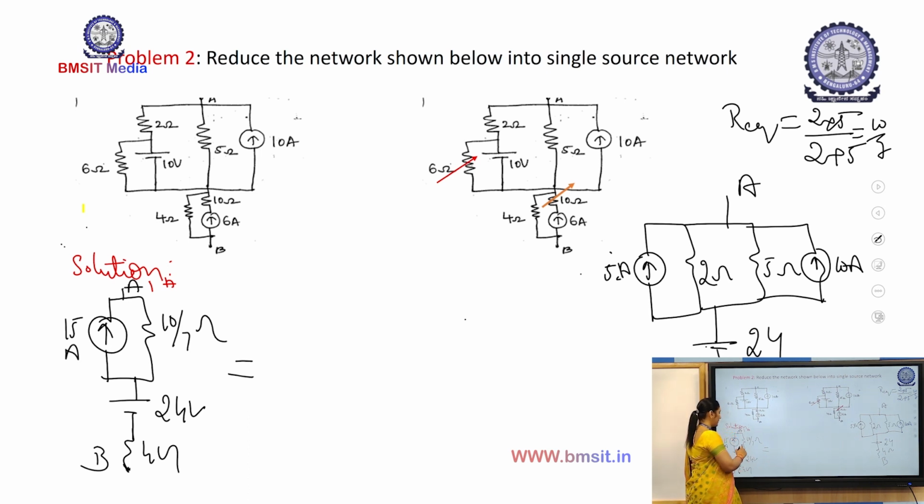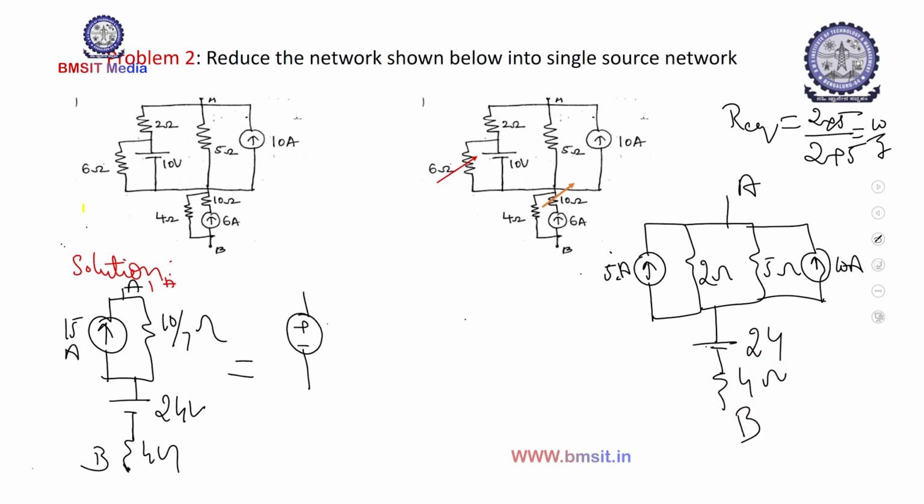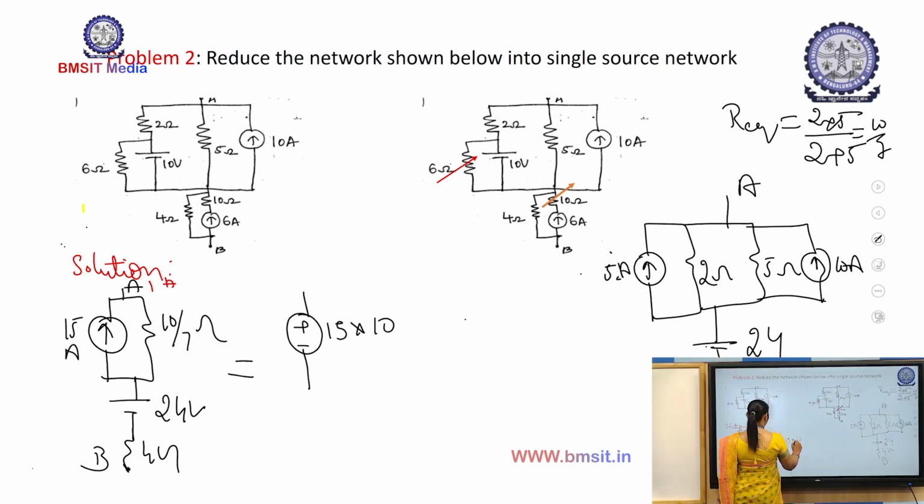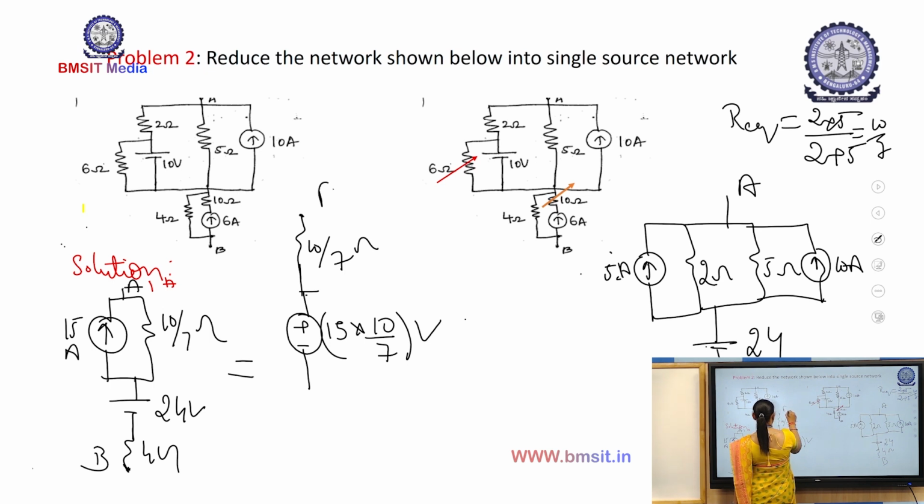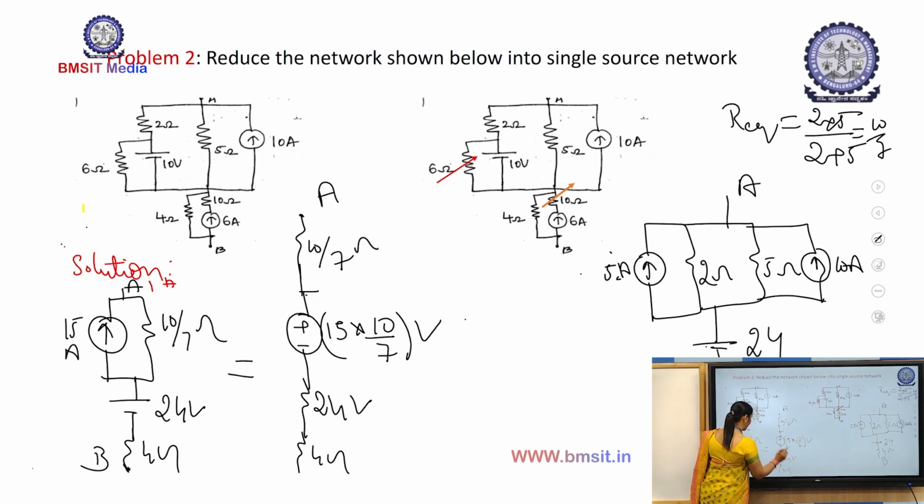Again you change it into a voltage source. This voltage source will be equal to 15 into 10 by 7 volts, followed by 10 by 7 ohms to the terminal A. And you have 24 volts followed by 4 ohms.